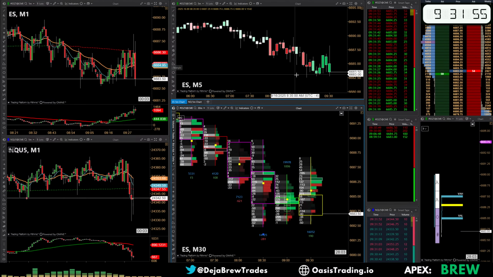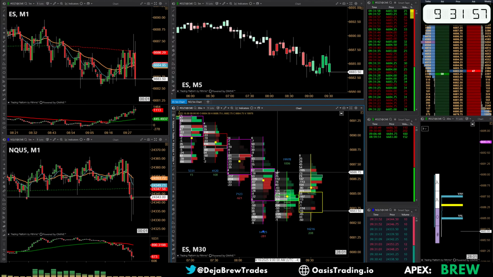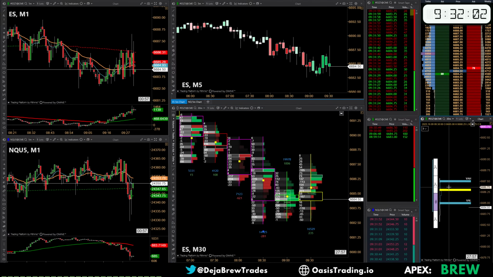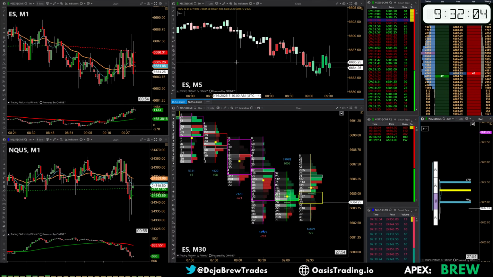A little bit of a bear flag on VWAP. 30-minute sweep on the high, but it's also sweeping the low, so a bit of an indecisive doji right now.